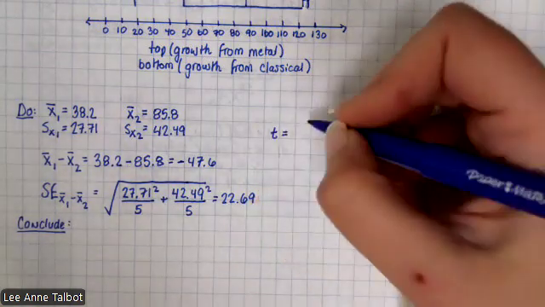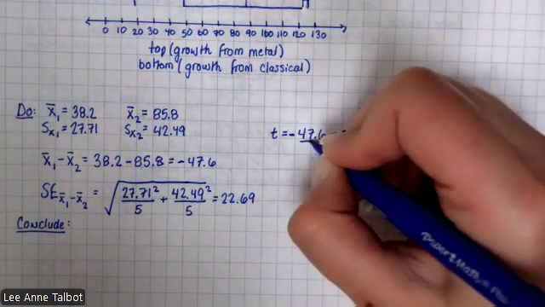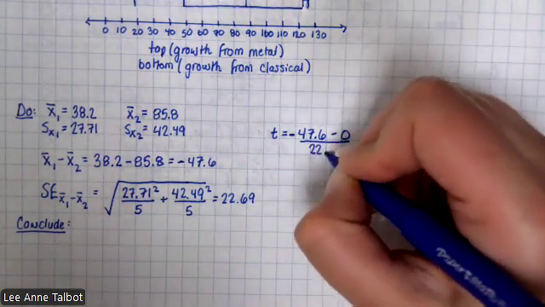Okay. T equals statistic minus parameter over standard error.